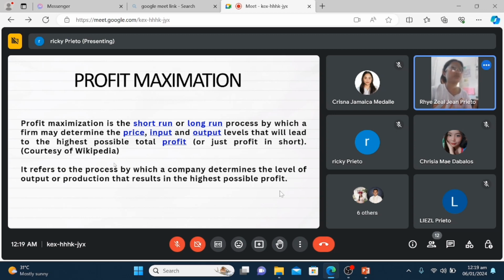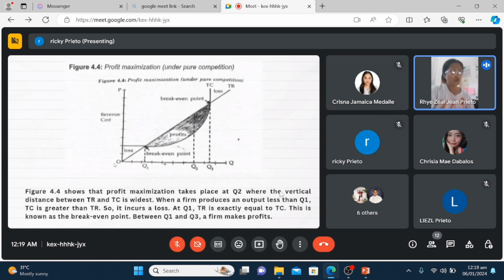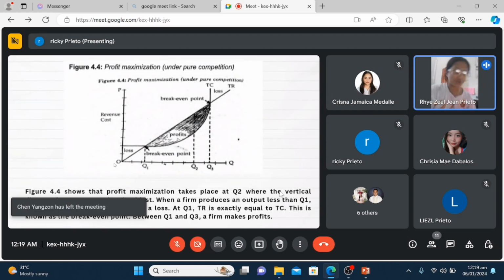So it's up to the businessman or woman kung i-continue ba nila or mo take ba sila og risk o gipadayon ba nila ang ilang business. So mao ni siya ang example sa profit maximization under pure competition.